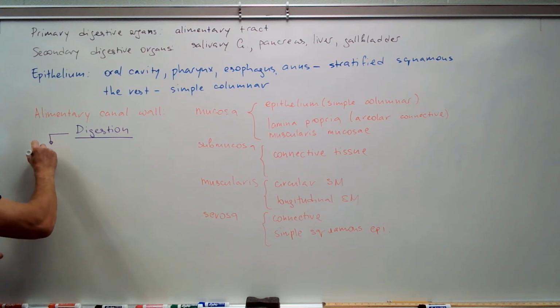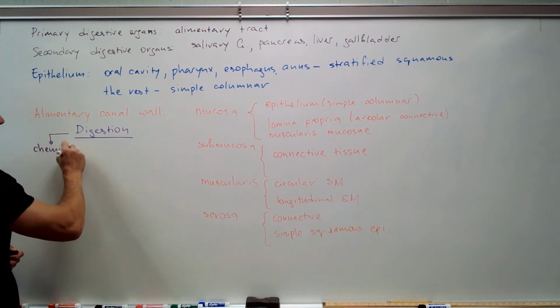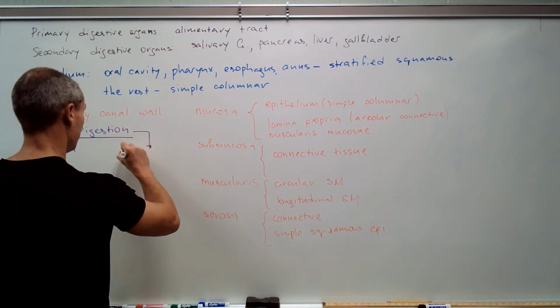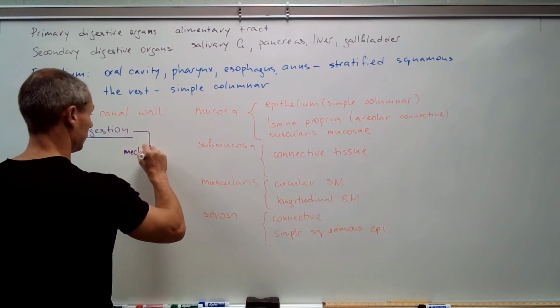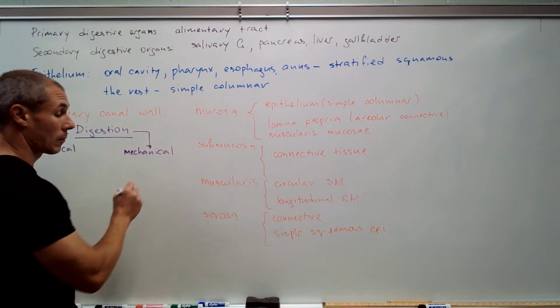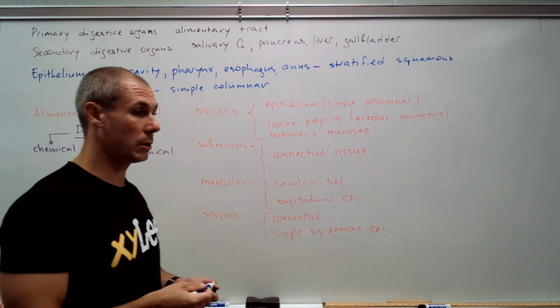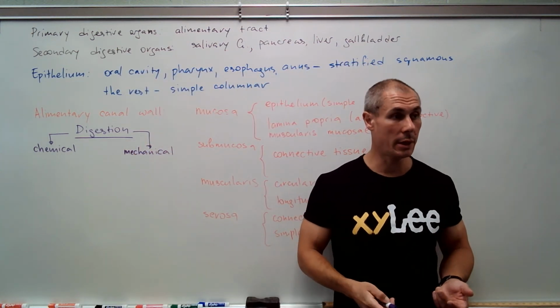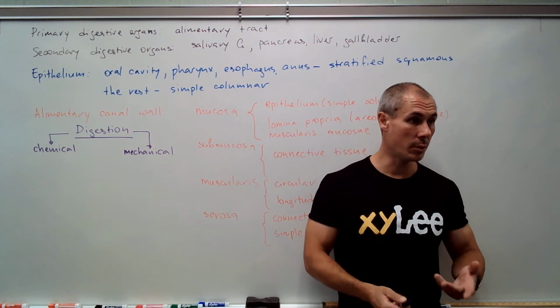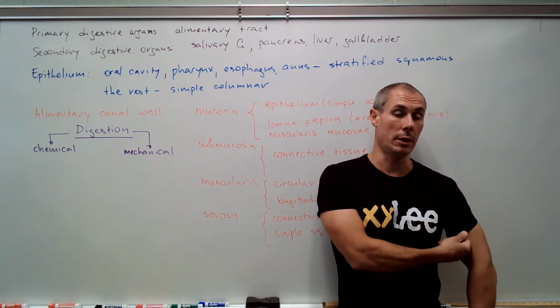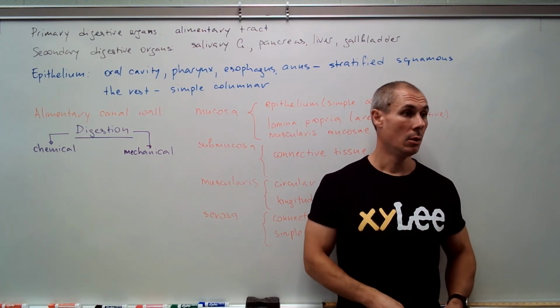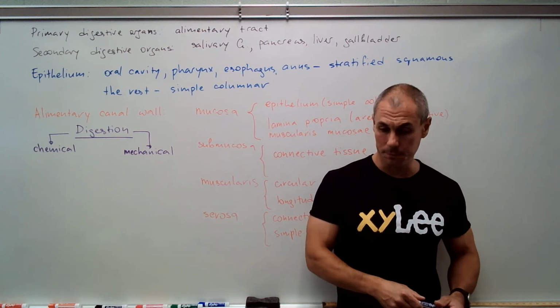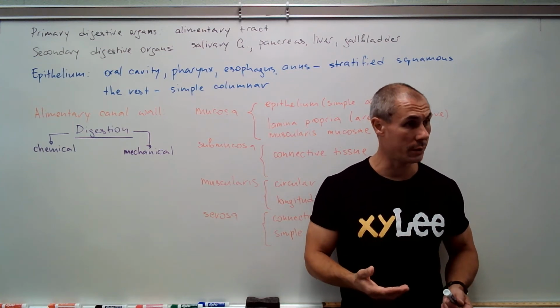Digestion can be chemical and mechanical, right? Chemical digestion is carried out by the secretions that are generated either in the alimentary canal or by secondary digestive organs.